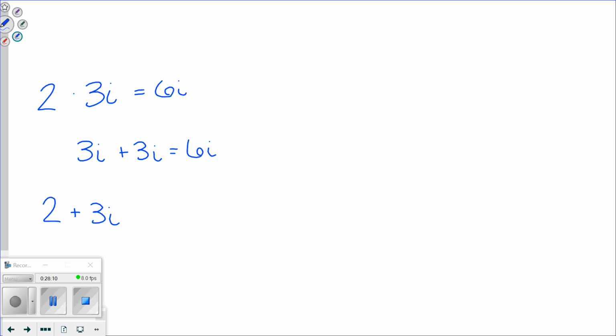Multiplying really means repeated addition, so technically then they are the same. So it works. Quinn? So it's like, when you do 2 times 3i, you're saying you have 2 groups of 3i. Yes. 2 plus 3i, you're adding 2 to 3i. Correct. Yep. No, perfect. You said it perfectly.